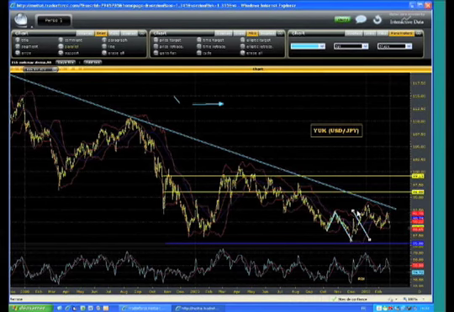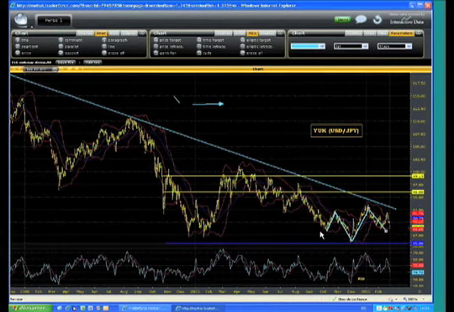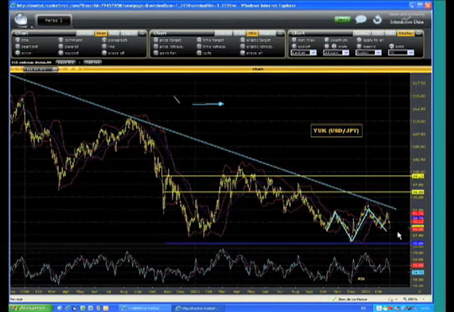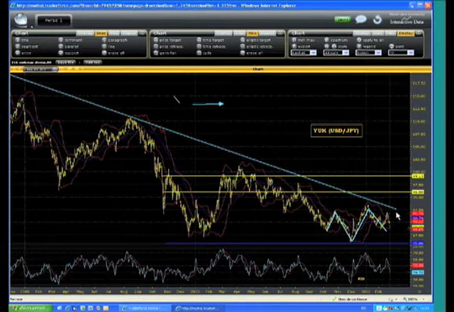It's a bit slow, sorry, but I want to show you this pattern. So this is a reverse head and shoulders. But the recent reaction from 92 is not very positive, from my view, so I think it's a false reverse head and shoulders.